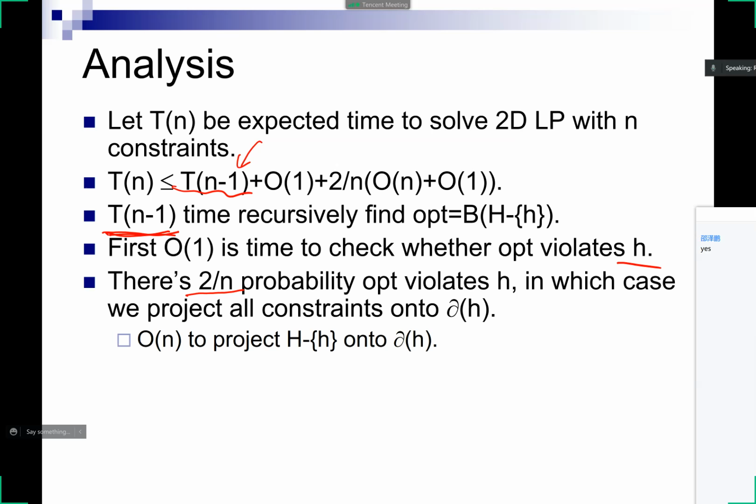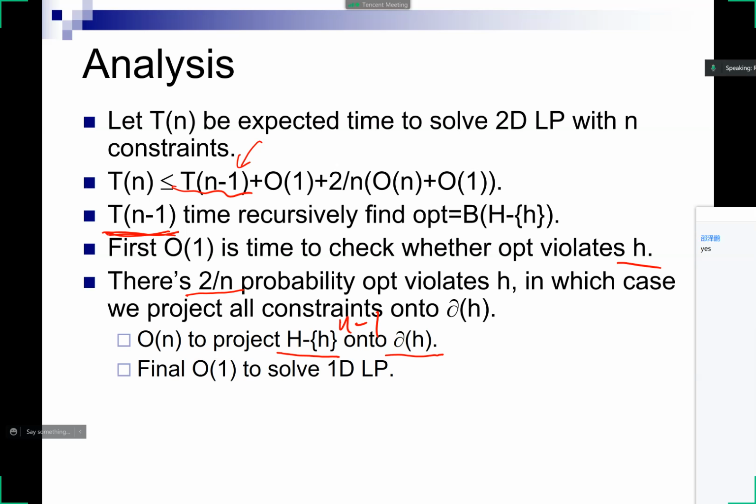We're taking each of these constraints from H minus little h and projecting onto the boundary. Each of these projections takes constant time because it's just taking a line and projecting it onto some other line segment. Since you have n minus 1 constraints, altogether it's going to take order n time to do all the projections.